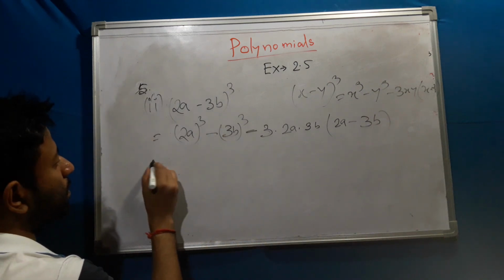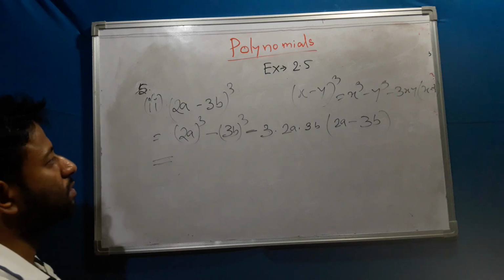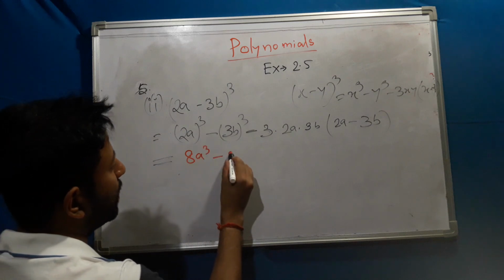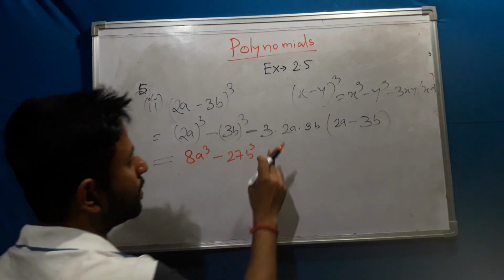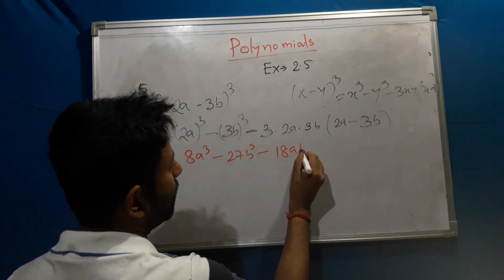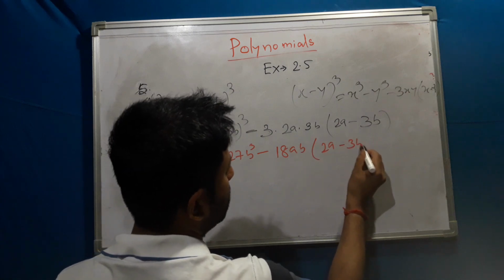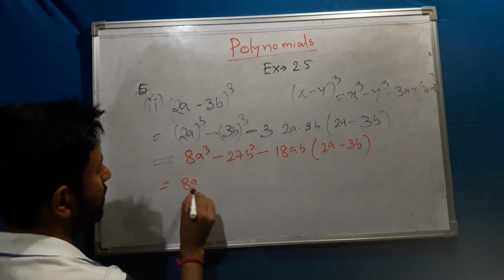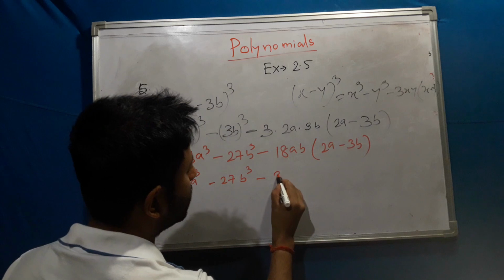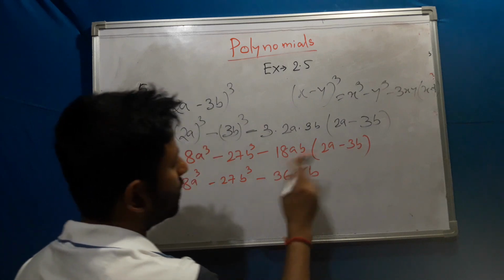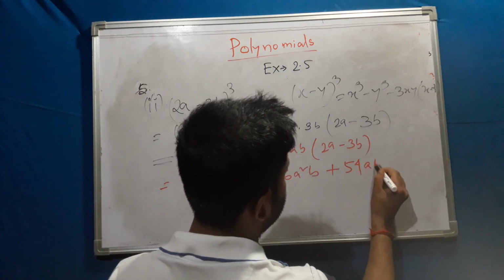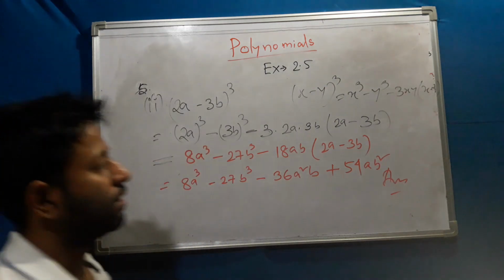So it will be 8a cube minus 27b cube, minus 3 3s are 9, 2s are 18, 18ab into 2a minus 3b. So you can write another line: 8a cube minus 27b cube minus 36a square b, minus minus plus, 54ab square. So this is the answer.